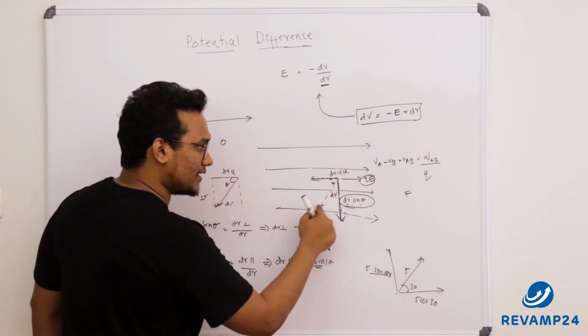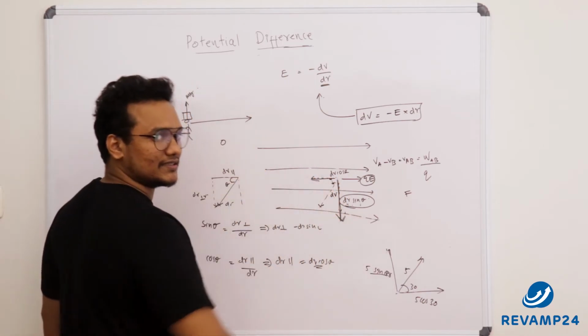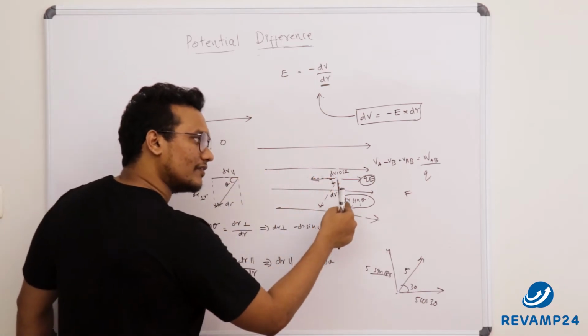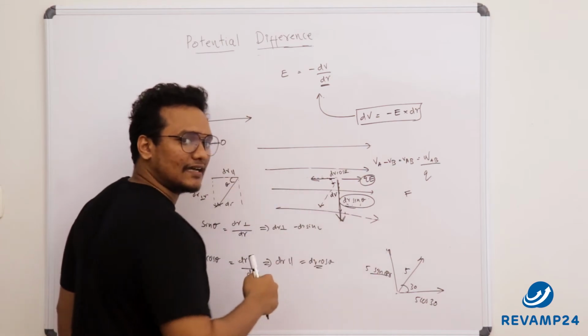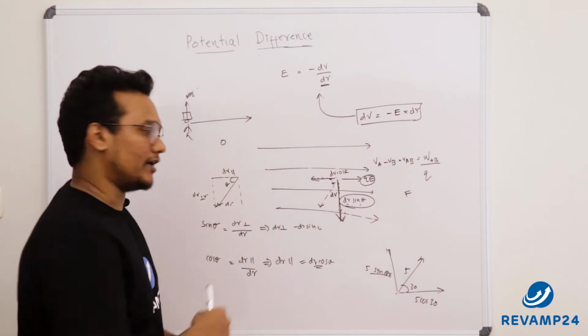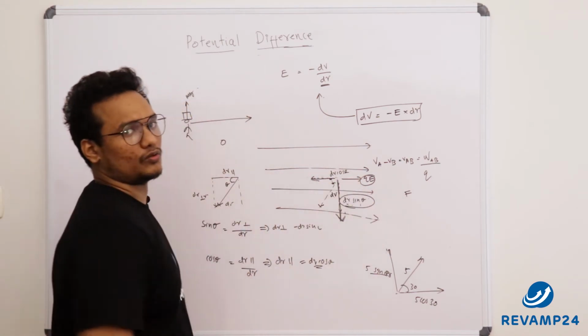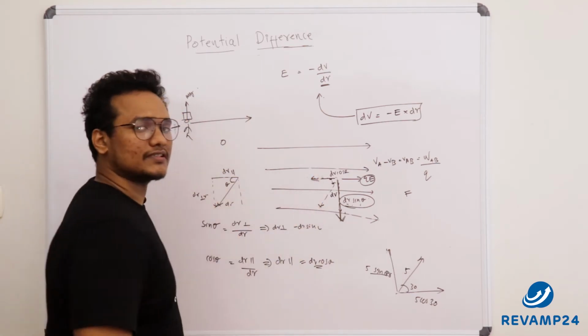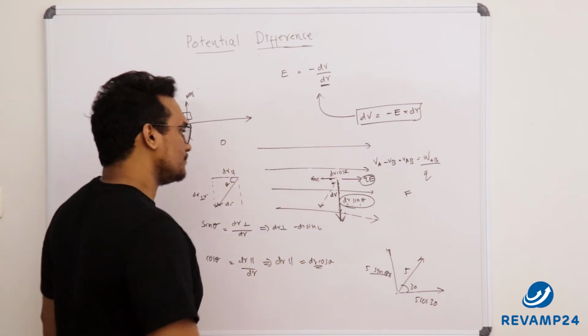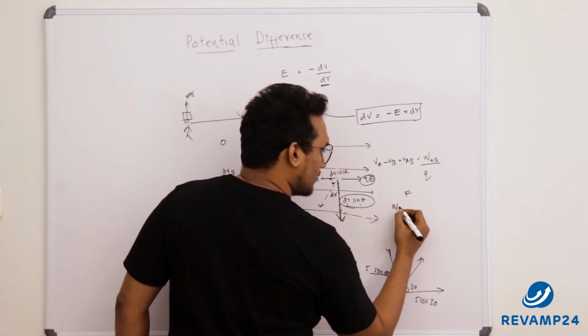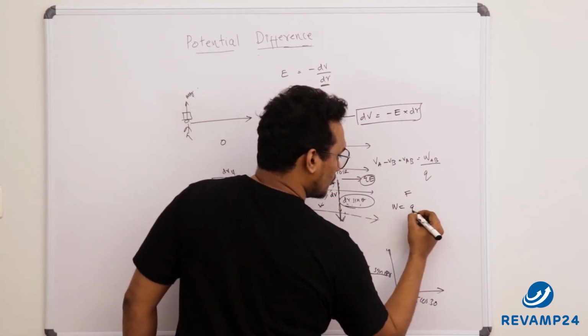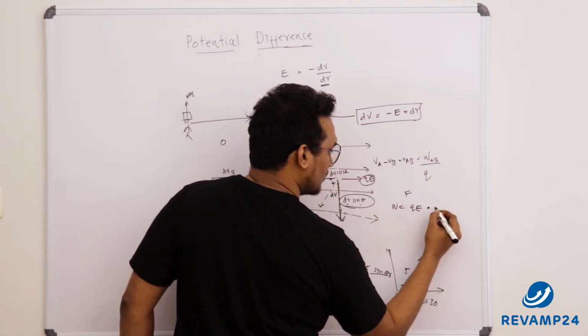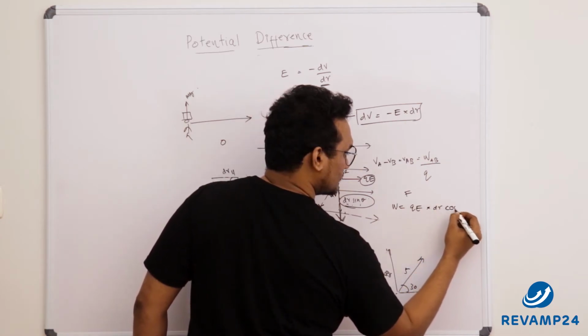So dr, when split into dr sin theta and dr cos theta, for dr sin theta work is not required because that is perpendicular to QE, but for dr cos theta work is required. So what will be the work done? Just multiply these two: QE into dr cos theta.